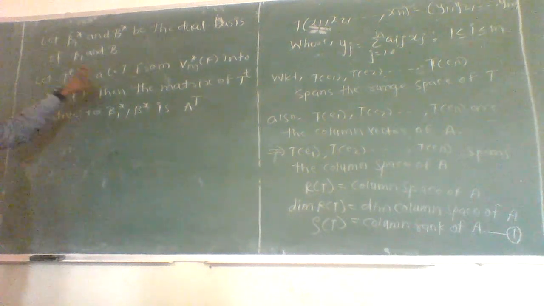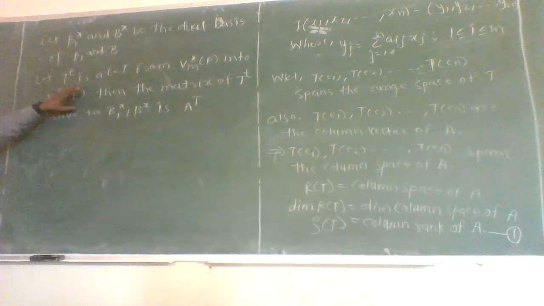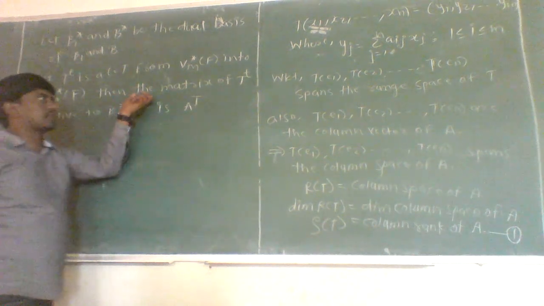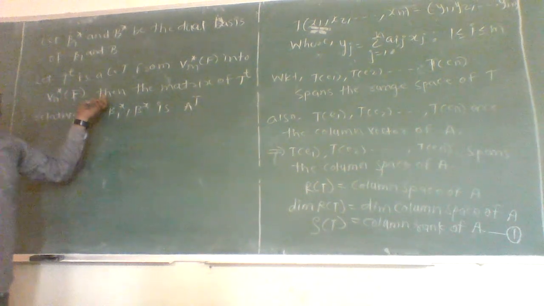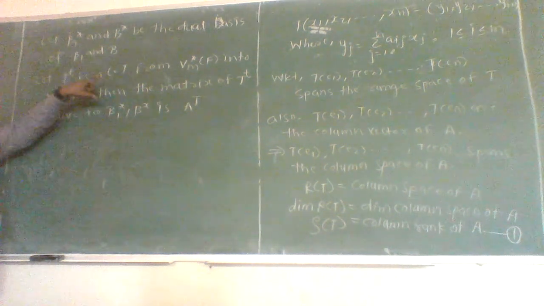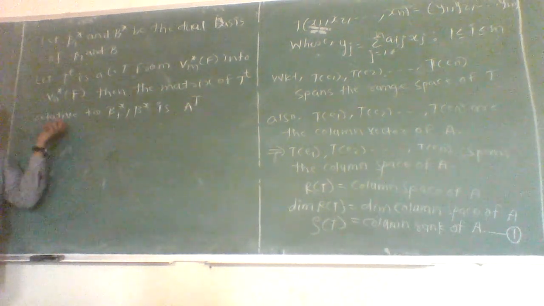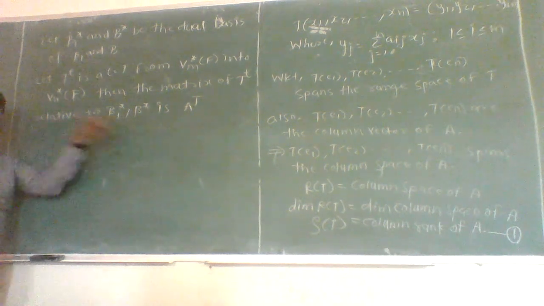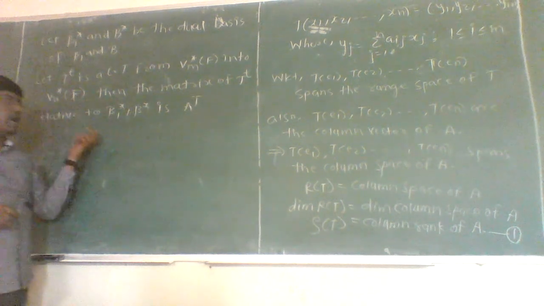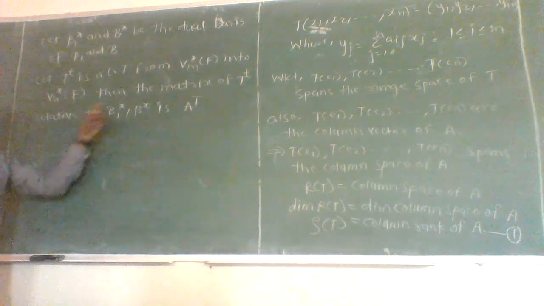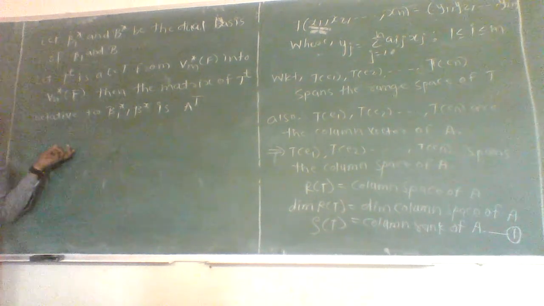Since in the previous lecture we have proved that if Vn and Vm are two finite dimensional vector spaces over the field F, and B is the ordered basis for vector space Vn with dual basis B star, and B1 is the ordered basis of vector space Vm with dual basis B1 star, and T is any linear transformation from vector space Vn to Vm, and A is the matrix of T relative to the ordered bases B, B1, and B is the matrix of the linear transformation T to the power T, that is the transpose of the linear transformation, relative to the ordered bases B1 star and B star, then B is nothing but A transpose.